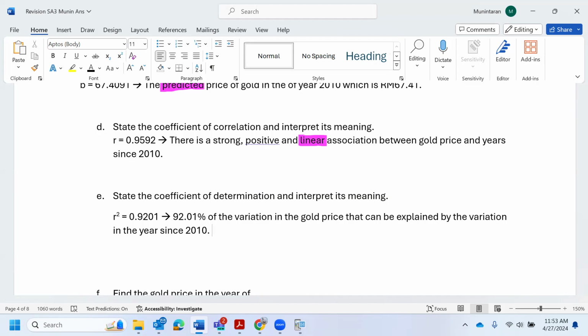Okay, 92%. Very good. But we still have 8%.